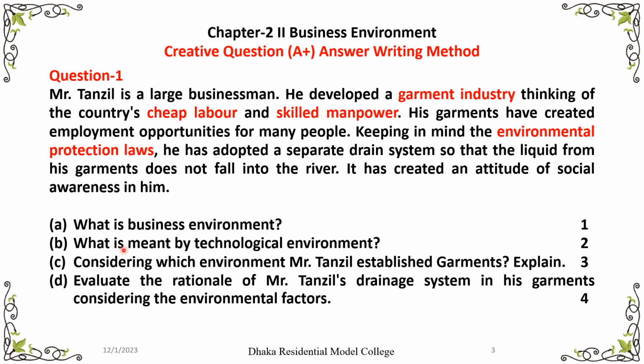Actually, science gives us knowledge, but the knowledge will be implemented through technology. So, technology is important for us. The country which is advanced in technology is advanced in business. So technological environment is most important for our country.